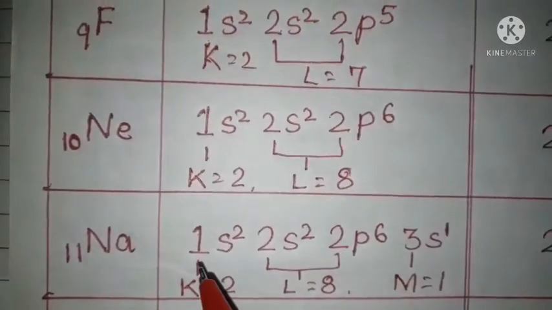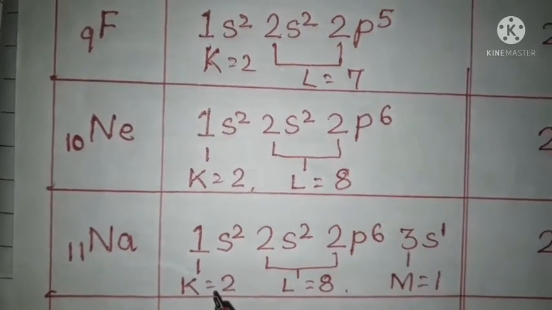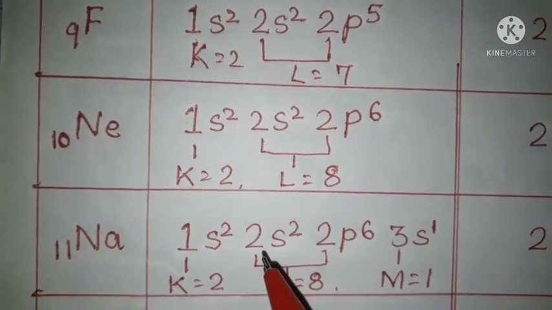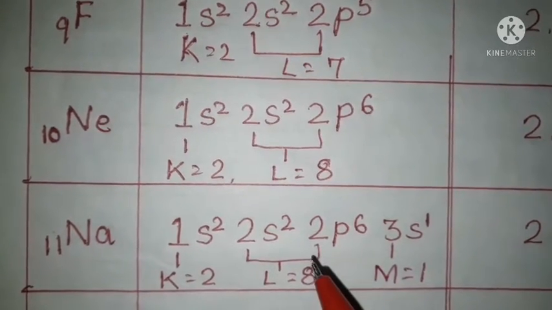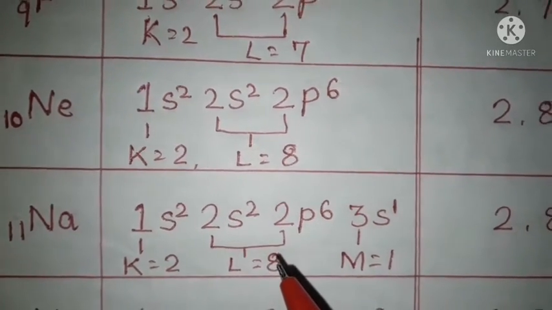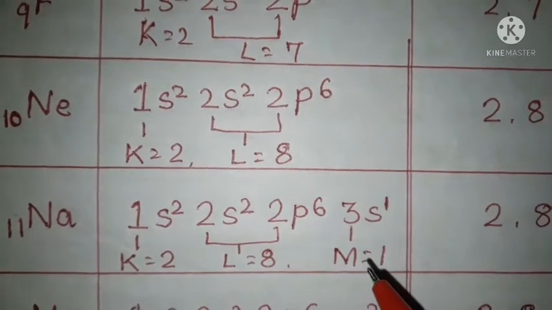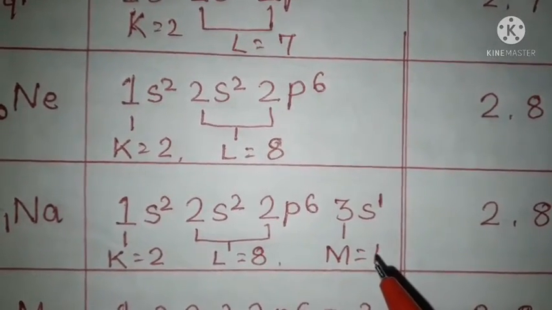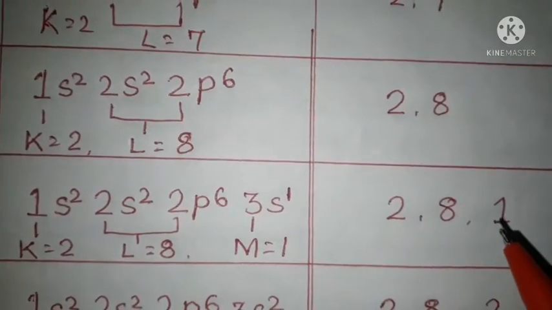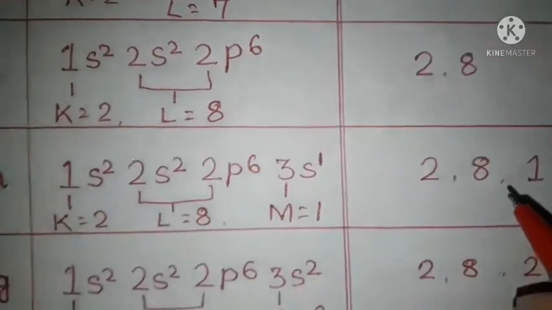So we write 1s2, in which K shell 2 electrons are included, and L shell 2s2 2p6, in which 8 electrons are contained, and 3s1, that means M shell in which 1 electron is available. So we write it 2 8 1. It is the another form of electronic configuration.